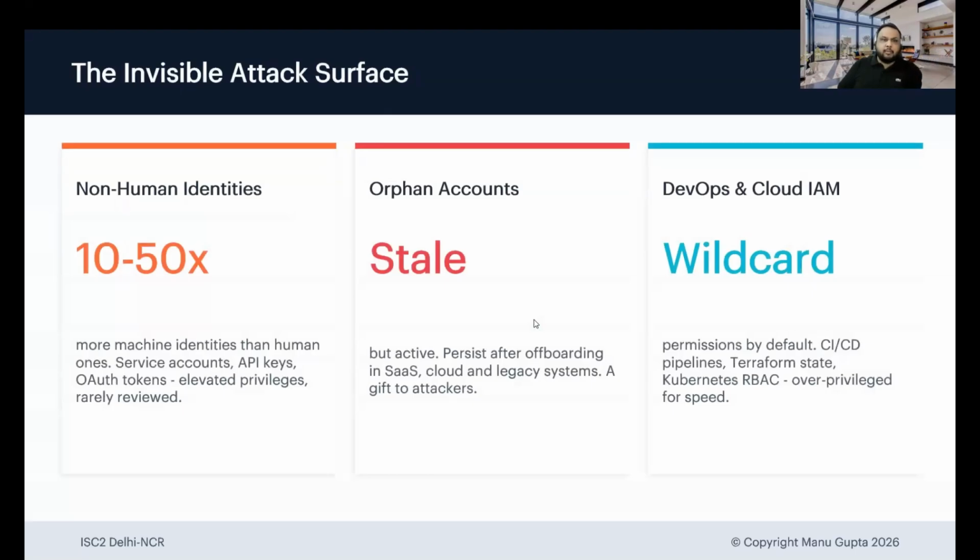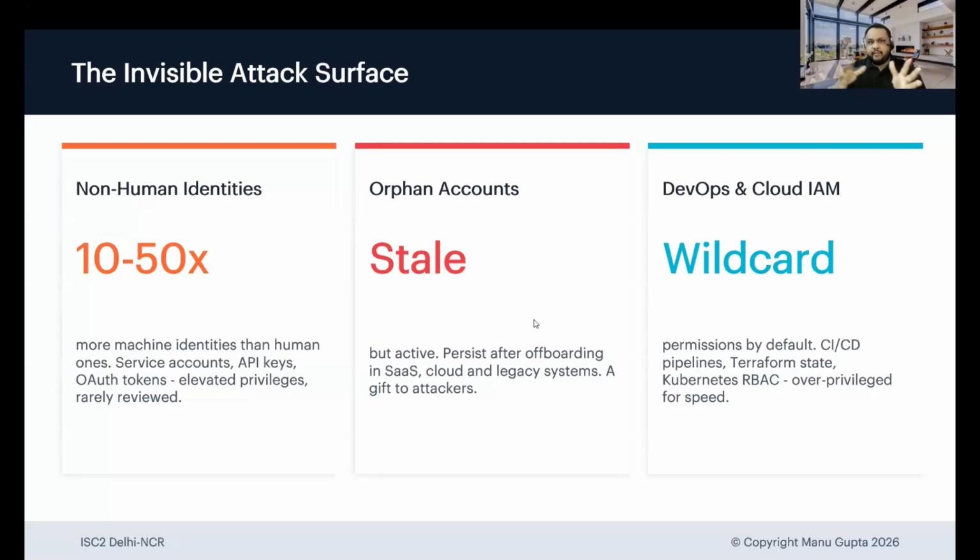Then we have non-human identities, right? This is the challenge that is keeping all of us up at night. For every human identity in your organization, companies now have around 10 to 50 non-human identities. These are service accounts, API keys, OAuth tokens, certificates, machine identities, etc. And these identities will have elevated privileges, and they rarely expire, right?